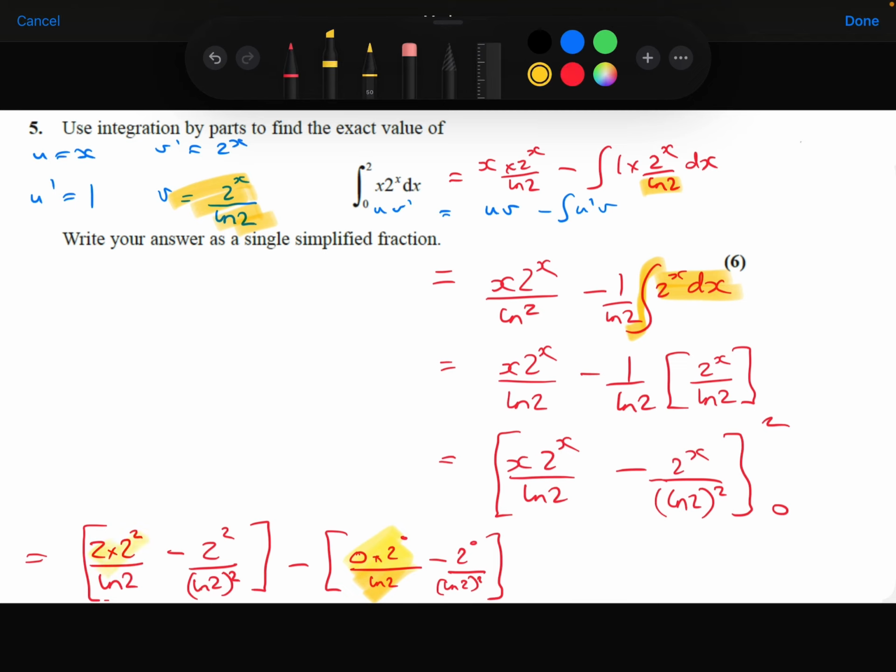The 2 times 2 squared, so that's going to be 8. So we get 8 over ln2 minus 2 squared, so that's 4 over ln2 all squared. Then we have the minus, so we'll have a plus. The 2 to the power 0 is just 1 over ln2 squared.